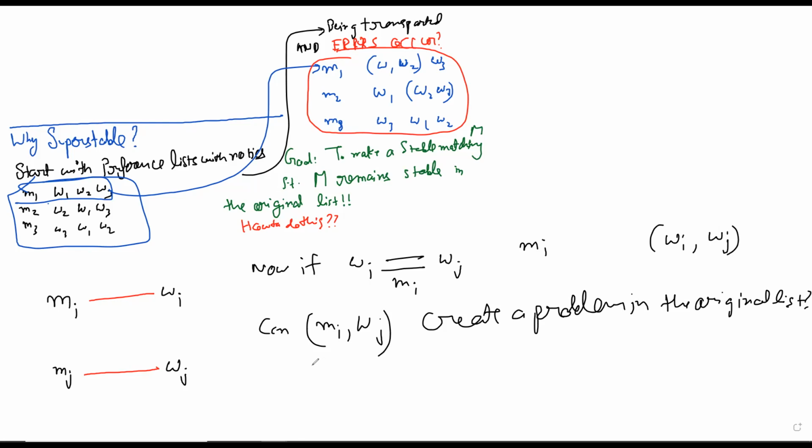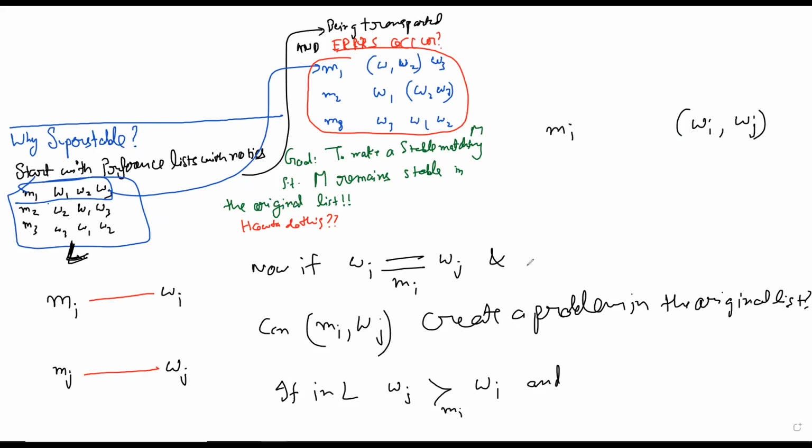But now if you go back to the original list, let's just call this the original list L, if in L, in actuality, mi prefers wj more than wi, and wj prefers mj to mi, not mi to mj.